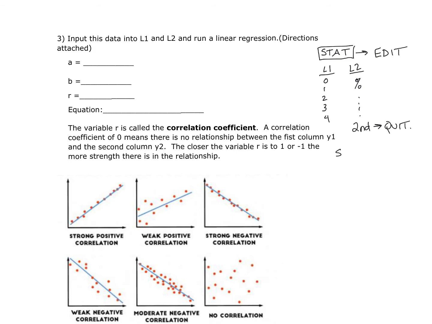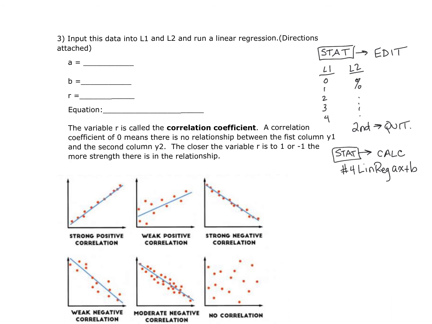We're then going to click stat one more time and arrow over to where it says calculate. And then we're going to go down to number 4, which says LinReg(ax+b).